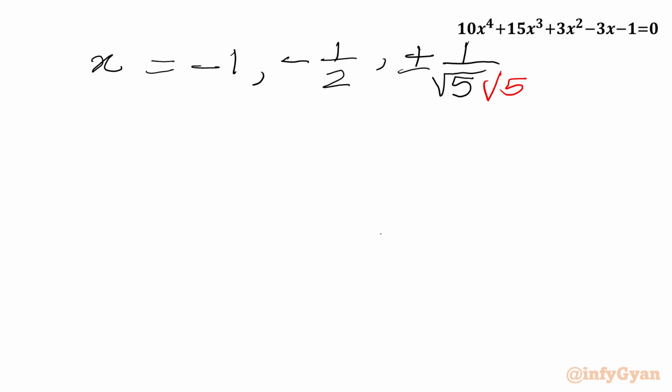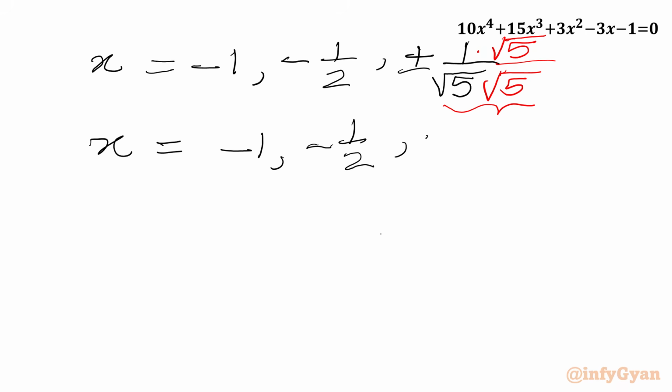So we need to multiply here with root 5 in the numerator as well. Now root 5 times root 5 becomes 5. So we have 4 real values of x: minus 1, minus 1 over 2, plus minus square root 5 over 5.